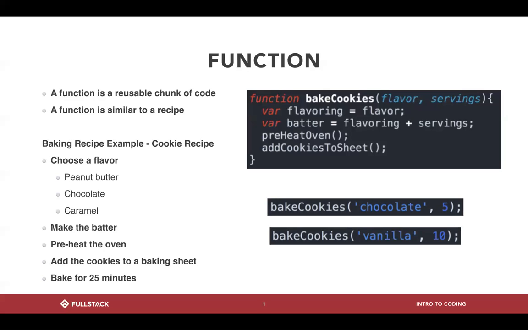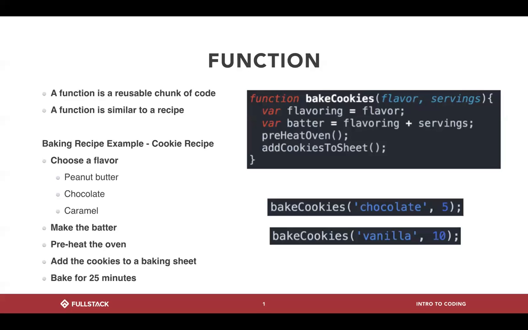They're like variables that get their values from values that are passed in when you call the function. So if you look at that bakeCookies down at the bottom, those two examples, you have bakeCookies and you pass in chocolate, flavor will now equal chocolate, and servings will now equal 5.